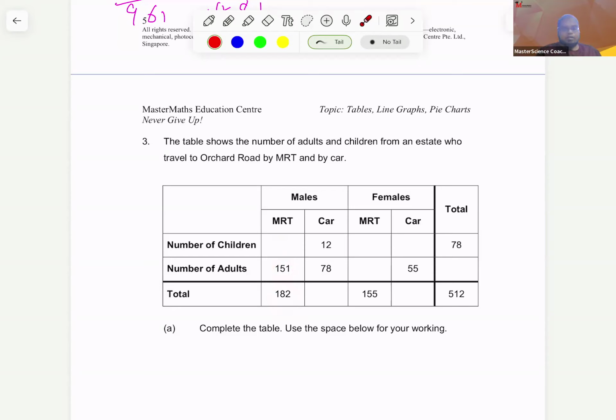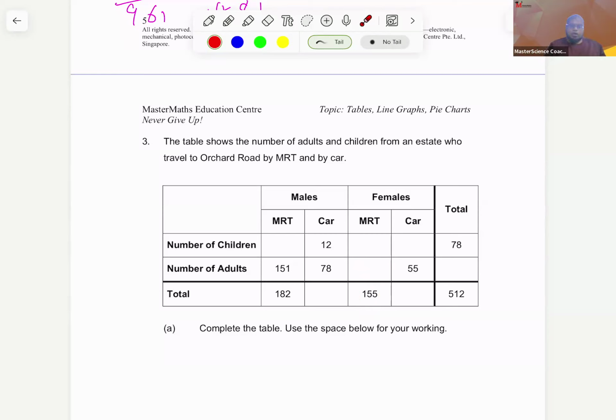This one is also easy: I find it by taking this plus this. But these two, I don't know how to split them up. I cannot just guess, 120 and 35. Cannot. Don't do that kind.